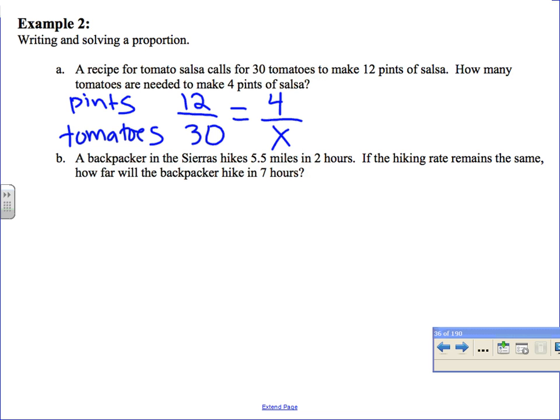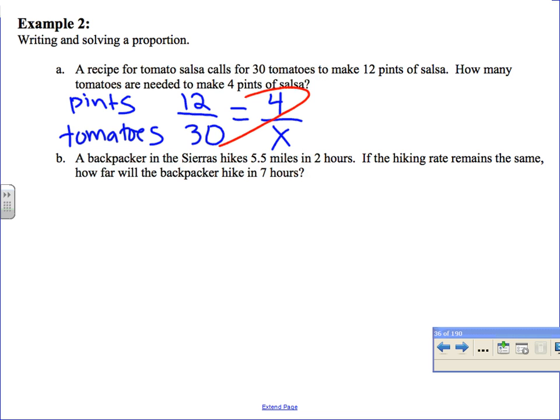You're fine. There's so many ways to write this. That's why I contemplated yesterday having you guys do this on your own, because there's so many ways to set it up. Sean? So you can set it up any way, as long as tomatoes are on the same side. Yes, correct. Okay, so let's solve using cross products, which is only one way to solve.